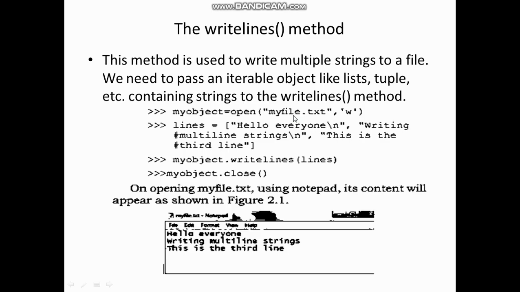Look at the sample code. We have opened a file, myfile, for writing purposes. There is a list which contains 3 strings. This \n indicates the end of the line.